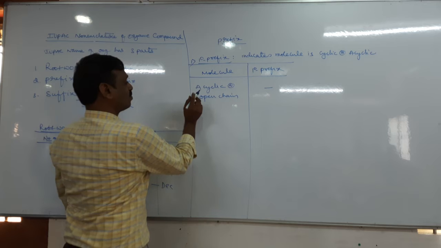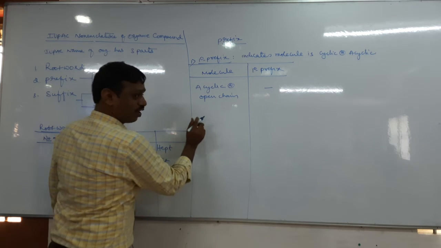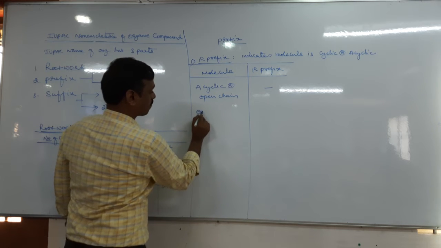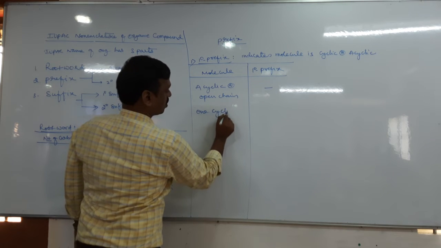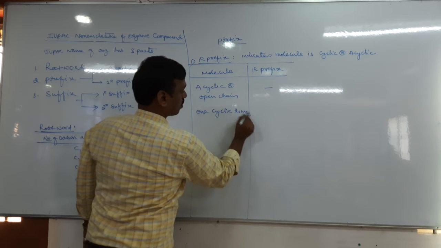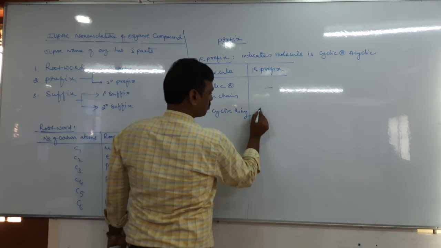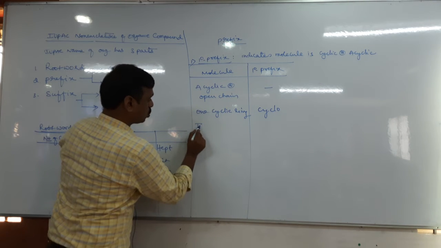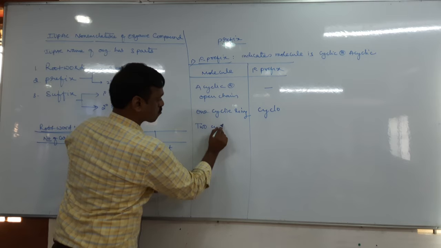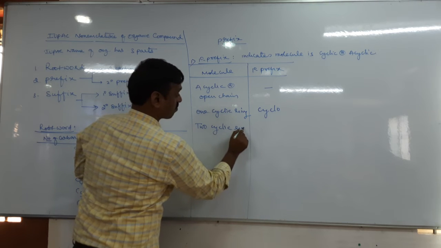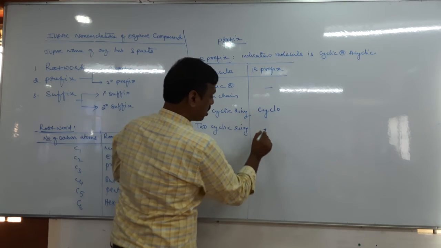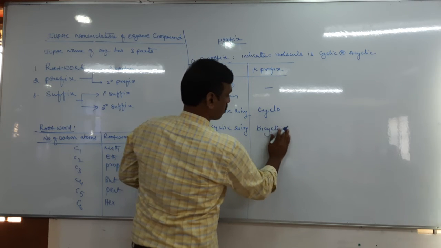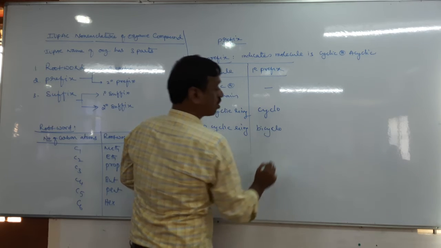Next, if it is mono, like one cyclic ring, it is just cyclo. Next, if it is two cyclic rings, bicyclo. In our syllabus we study both cyclo and bicyclo compounds.